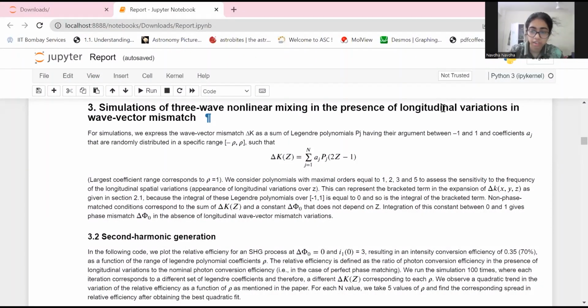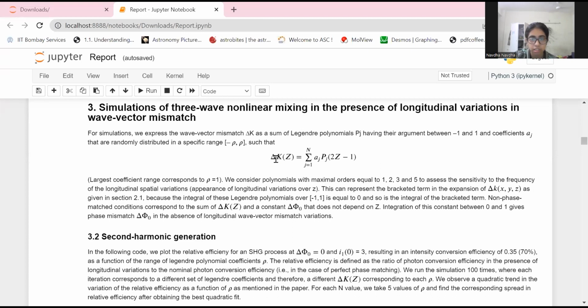So now we are going to analyze the impact of longitudinal variations in the three wave nonlinear mixing on the relative efficiency of second harmonic generation and the optical parametric amplification. So first of all, we approximate the longitudinal variations in delta kz, or the variation of delta k as a function of z, in terms of shifted Legendre polynomials.